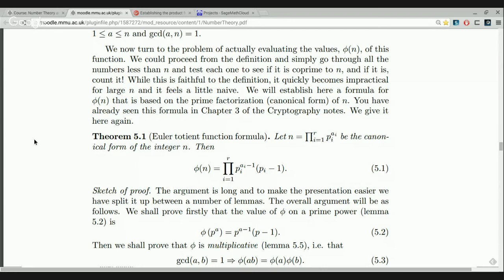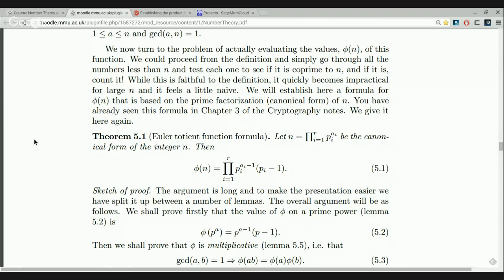If p1 is not equal to p2, they are distinct primes, then the greatest common divisor of any power of p1 and any power of p2 is equal to 1. Being co-prime means you don't share any common prime factors. So powers of distinct primes are certainly examples of pairs a and b which are co-prime.